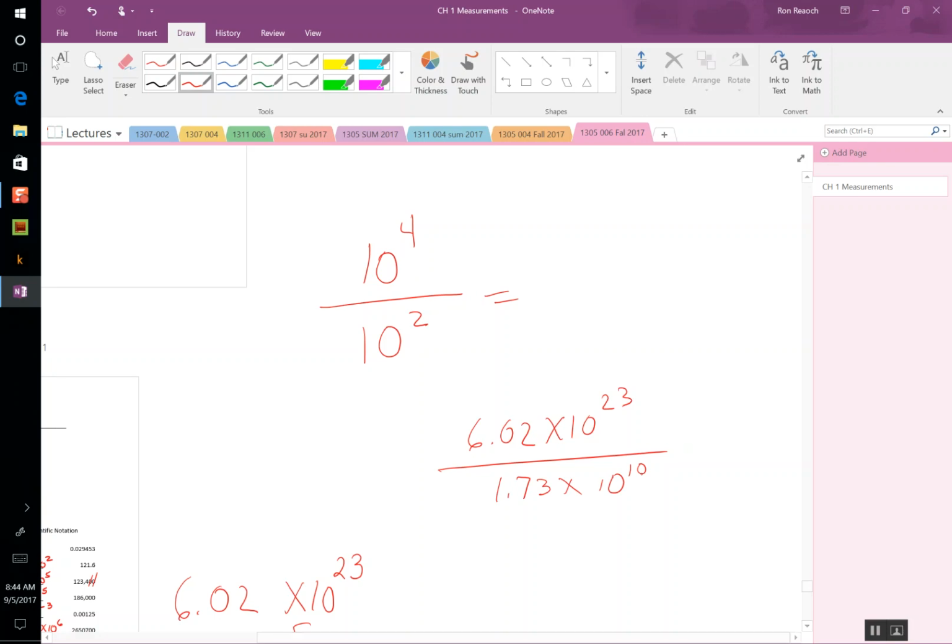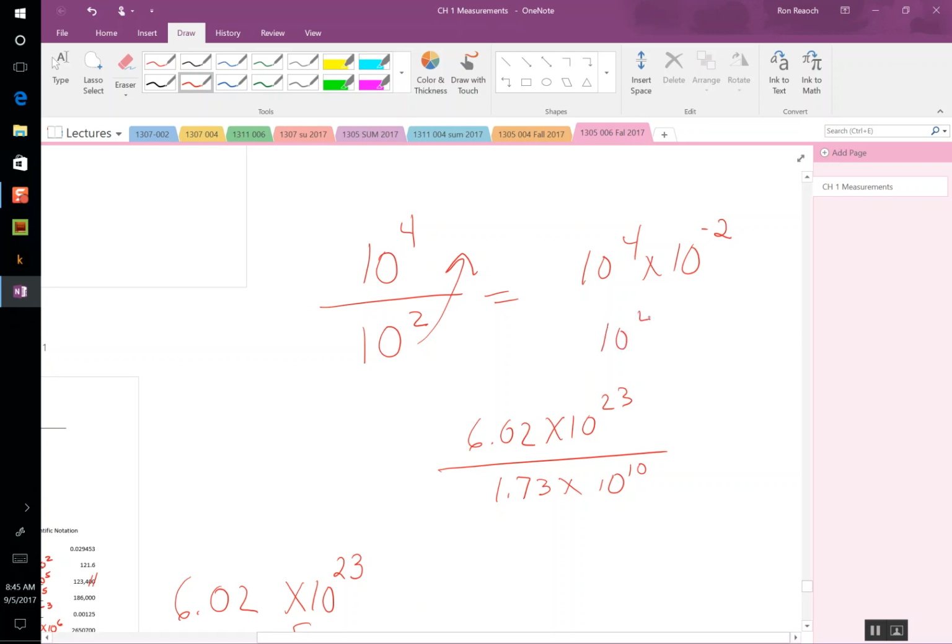If you have the same number with different exponents, either multiplying or dividing, if you're dividing, you can move this up in here and change the sign. Dividing by 10 squared is the same as multiplying by 10 to the minus 2. And then you add the exponents.